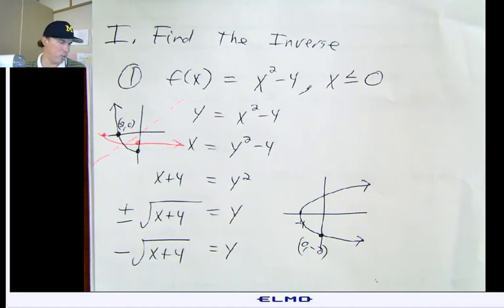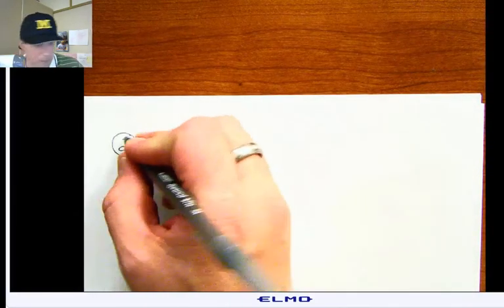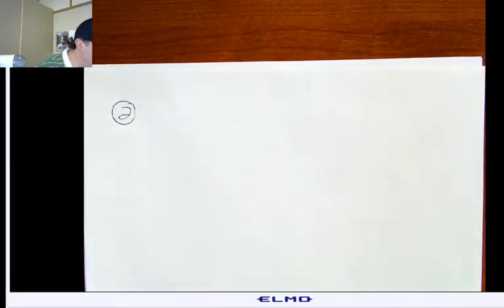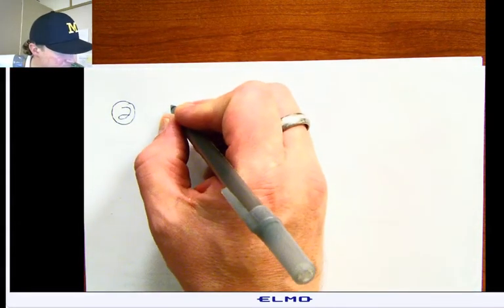In order to work with the rest of this, I need to do a quick example number 2. Let's just find the inverse, and let's not have it be a tricky one. In fact, I'm going to pull this straight off your homework.